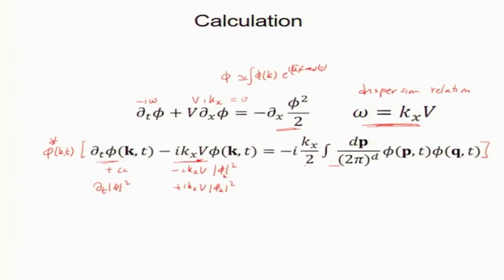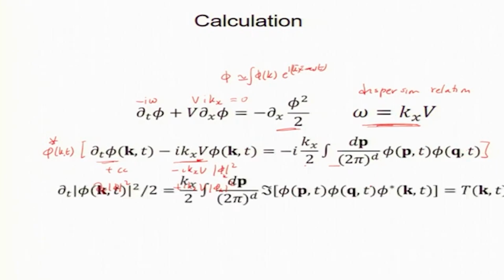So, this linear term in fact drops out, and the nonlinear term on the right hand side I will get the triple product phi q, phi p, and phi star k, right. So, that is what we get. This algebra we can easily do. Let me erase this stuff. So, the linear term has gone and this part is clear, no, I have phi p, phi q and phi star k, and I add the complex conjugate, but there is a minus i sitting there.